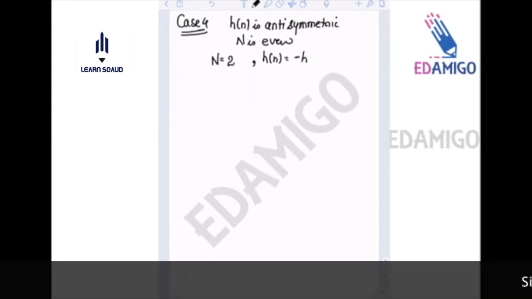Now let's look at case 4, the last case, where h(n) is antisymmetric and n is even. Let us take n equal to 2. So h(n) will be equal to minus h of capital N minus 1 minus n.